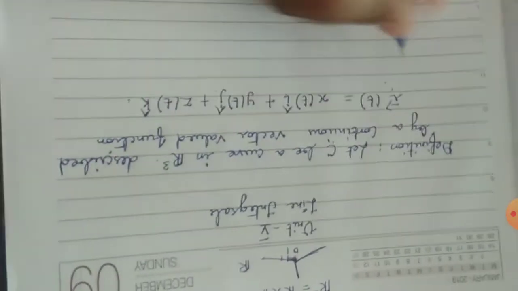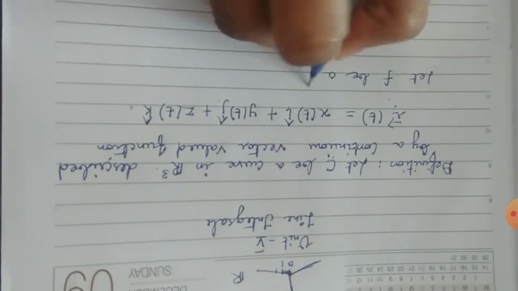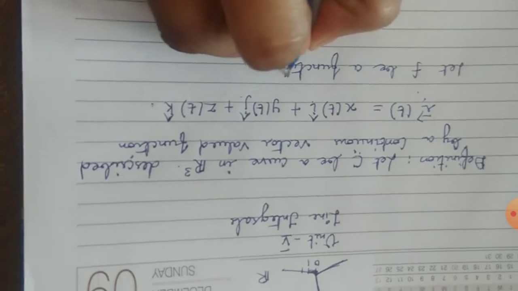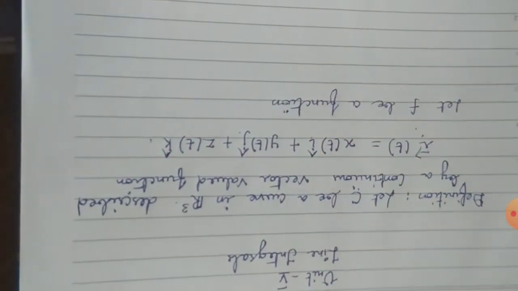So now we have to take a function. Let f be a function. It is also a continuous function. You need not know about continuity for integrals; when you study continuity, you will see it in detail.